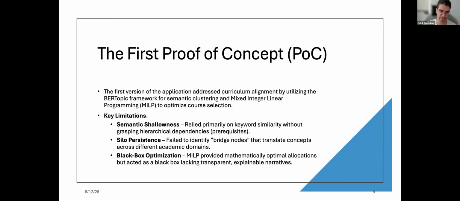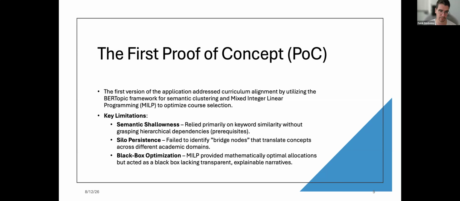But the limitations are there was a semantic shallowness in what was selected by the algorithms, and it was built for the Faculty of Informatics, not for the whole university. And the optimizations were pure black box.